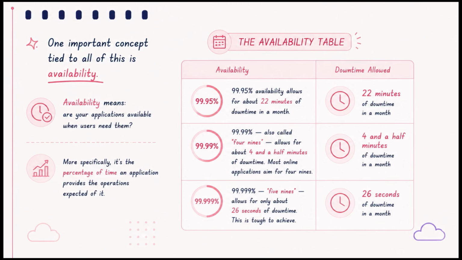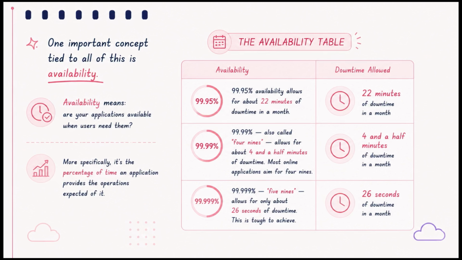One important concept tied to all of this is availability. Availability means, are your applications available when users need them? More specifically, it's the percentage of time an application provides the operation expected of it. So let's look at what different availability percentages actually mean in terms of downtime.